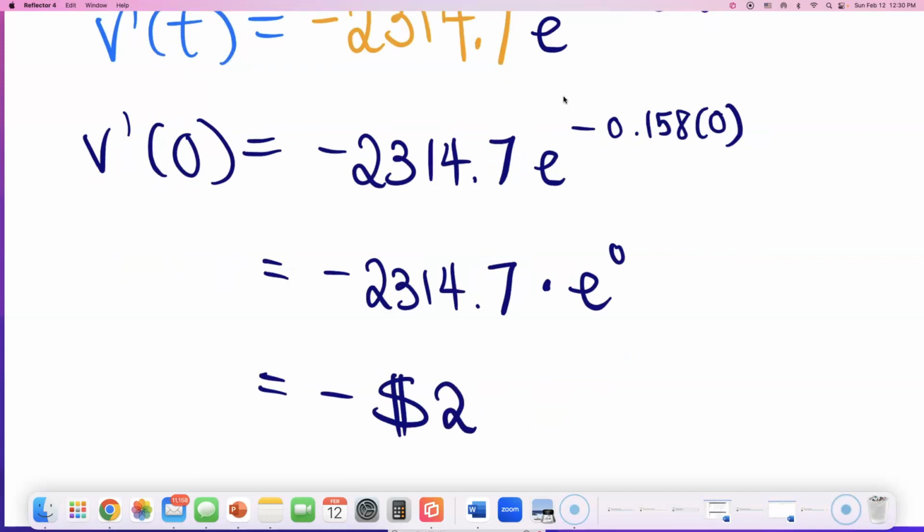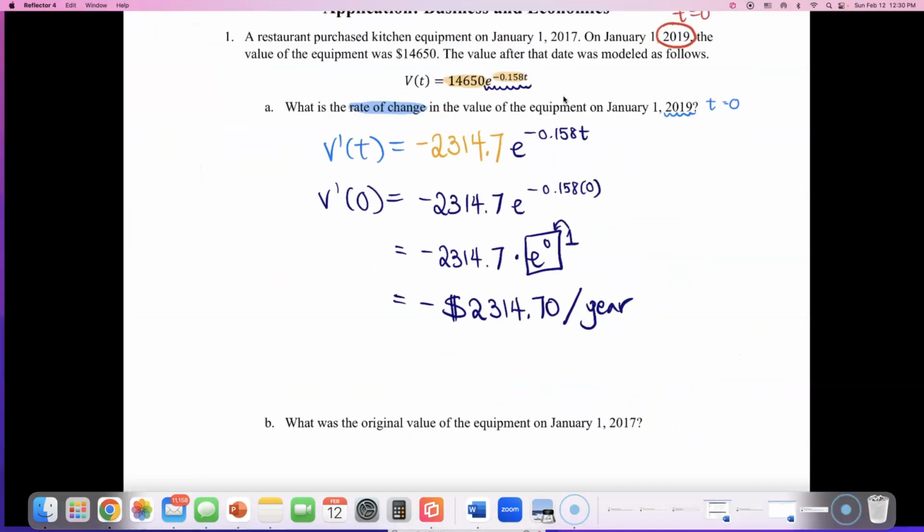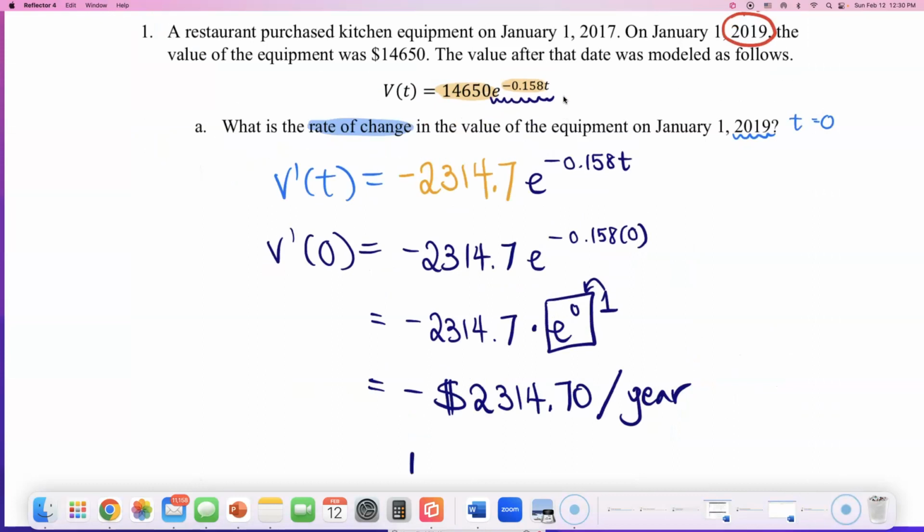It's just 1. We're just going to get negative 2,314.70 dollars per year. Okay, so in year 2019, the value is depreciating because that value is negative. The value of this equipment is going down by $2,314.70 per year on this date.